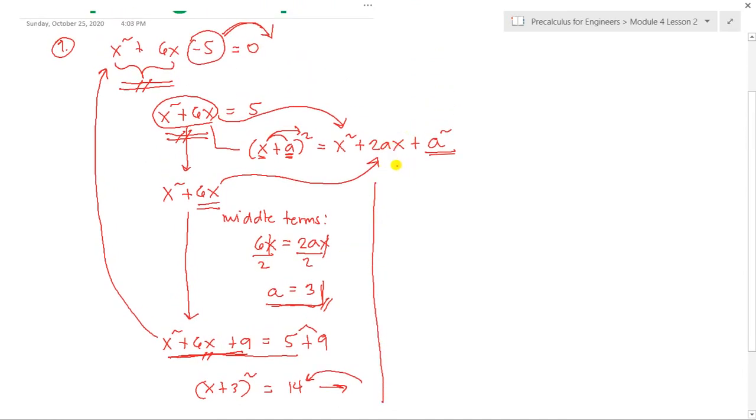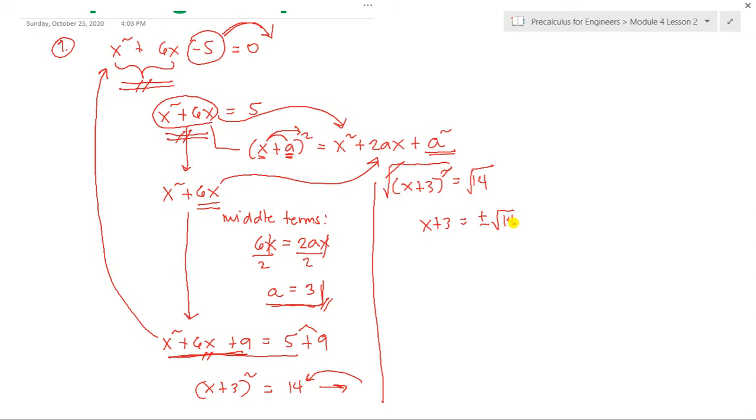Okay, here we have x plus 3 squared is equal to 14. So take the square root of both sides. So makancel lang yung 2 dito, makancel na yung radical sign. So we now have x plus 3 is equals to plus or minus square root of 14. Actually, square root of 14 cannot be simplified because this is an irrational number. Because its only factors are 7 and 2.